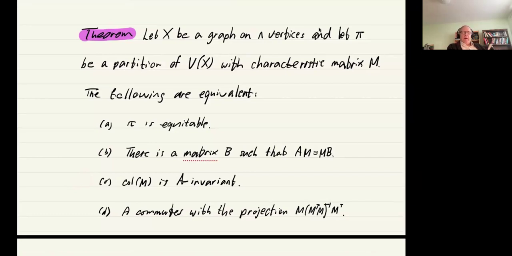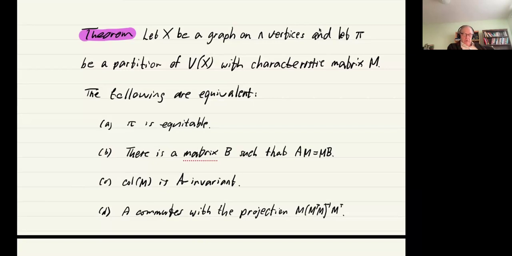So I can define a partition to be equitable relative to a Laplacian if the column space of the characteristic matrix is Laplacian invariant. Now, that will have a combinatorial interpretation on properties of the cells, which you can work out. But in a certain sense, you don't need to work that out until you have to. The important thing is that the column space of an equitable partition is invariant to the matrices that you're playing with.